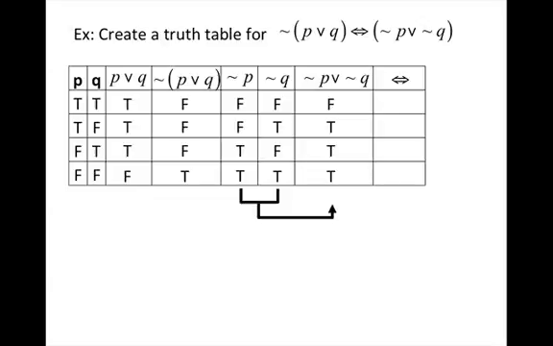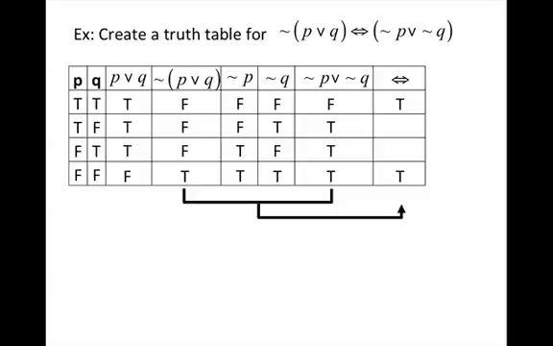Now I finally move on to my biconditional. The biconditional is comparing the not P or Q with the not P or not Q. So look at these two columns. The biconditional is true when these two columns have the same truth values. So if you look in row 1, they're both false, so my biconditional is going to be true.